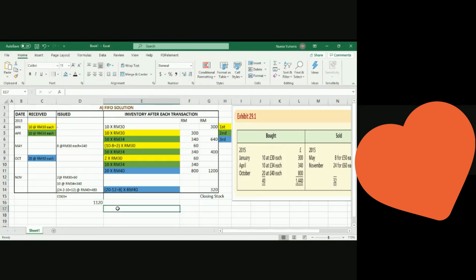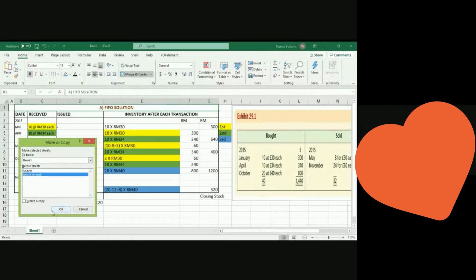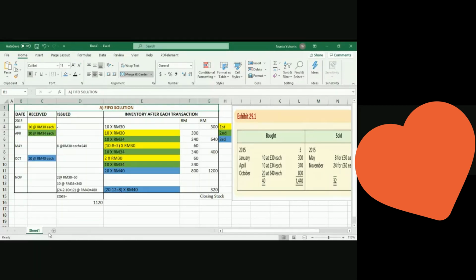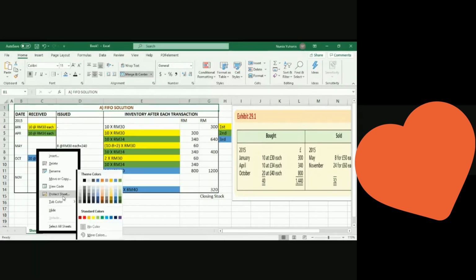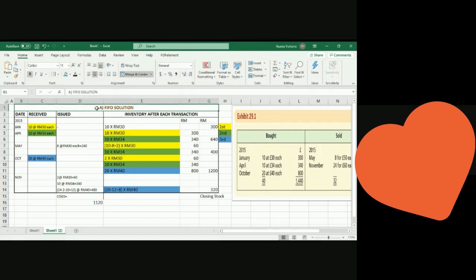All right. So now we move on. Later I will copy this and give it to you, so it is easy for you for your own revision. Okay, for the second one, I will use the LIFO method. According to LIFO, I delete all this.